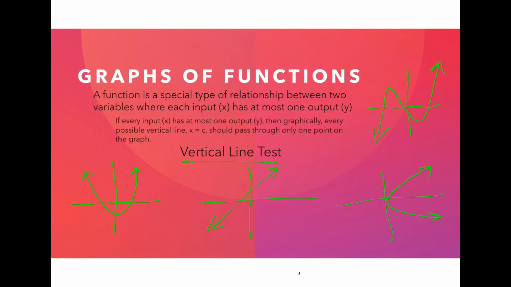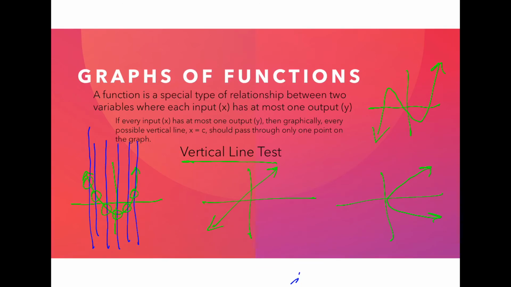So let's go over here to the parabola. If I draw vertical lines anywhere along here, is there any place where it crosses the graph more than once? And we see that, no, for every vertical line we can draw, it only passes through the graph at one point.